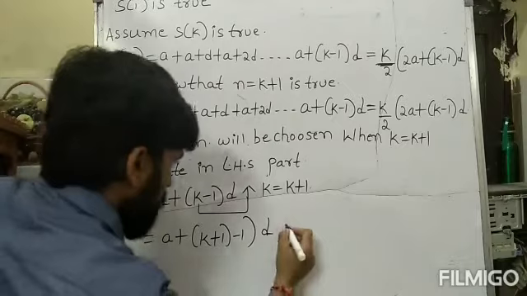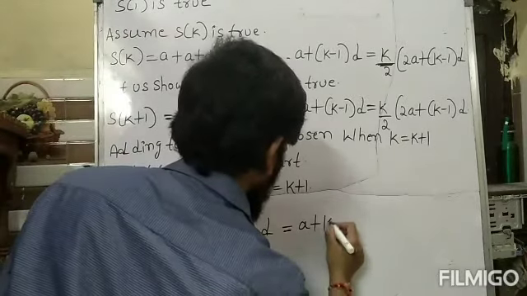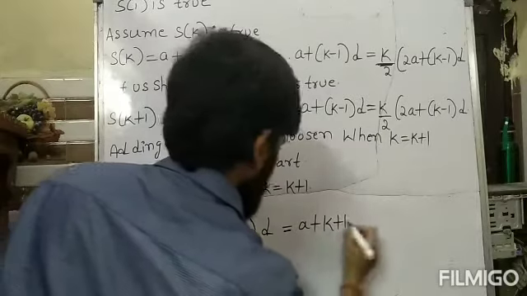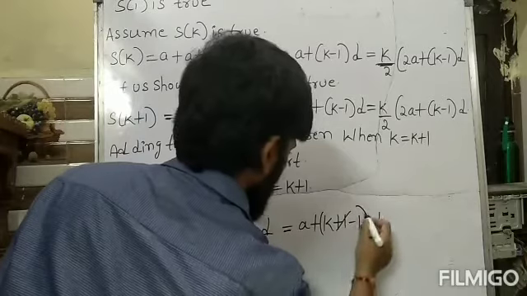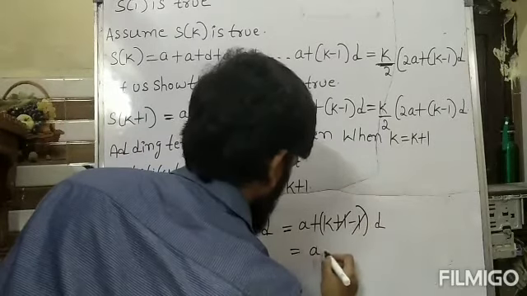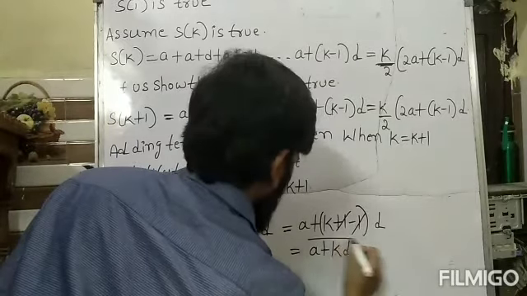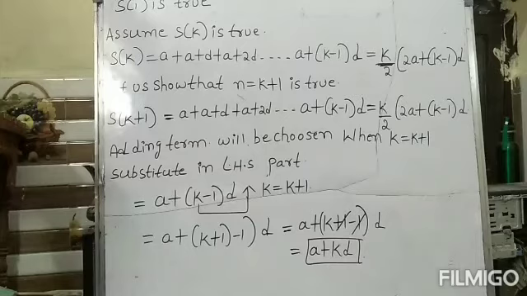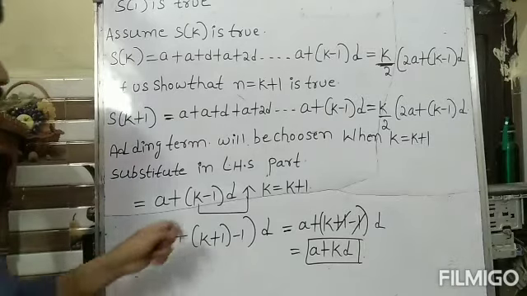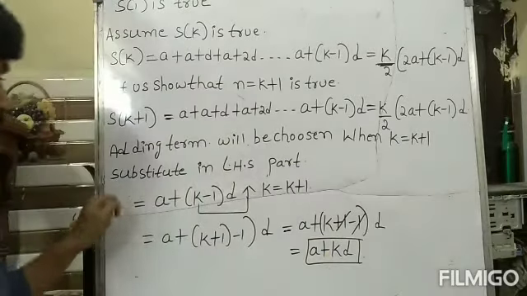Now that equals a plus k plus 1 minus 1 into d; the plus k and minus k cancel. Then a plus kd. A plus kd is the adding term.